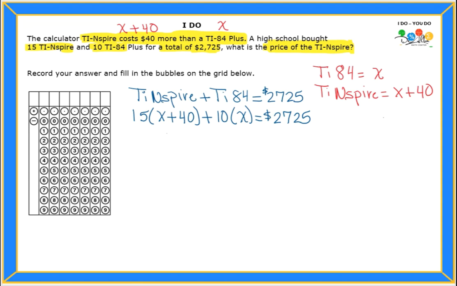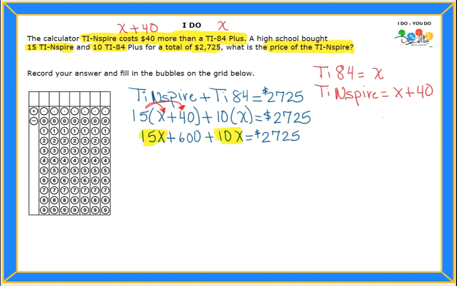Now I can see that I have variables and parentheses, so I need to do my distributive property. I'm going to multiply 15 times X and 15 times 40. And I get 15X plus 600, plus 10 times X, which is just 10X, and all of that equals 2,725. Notice how I have X's and X's.